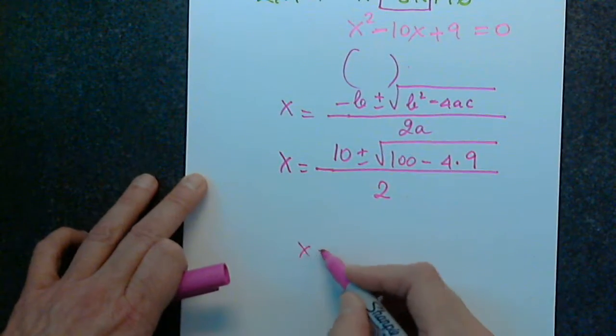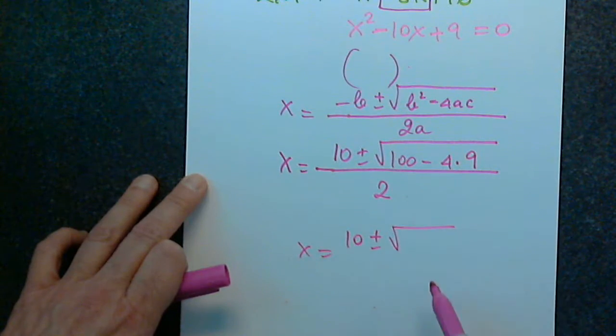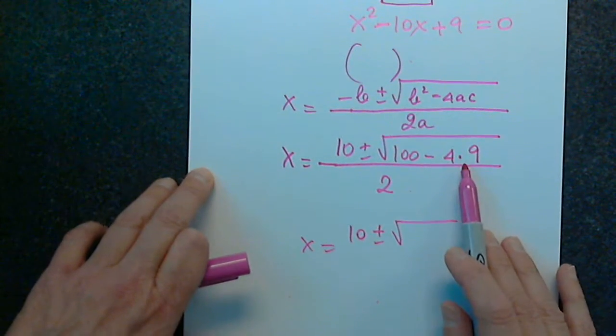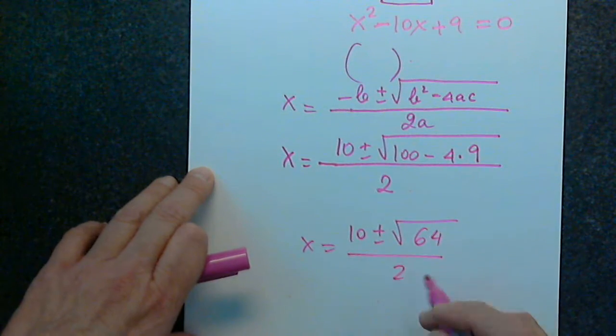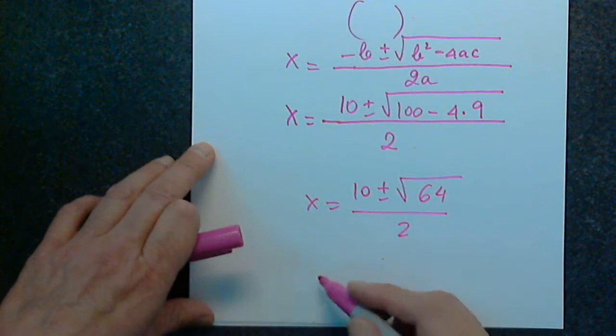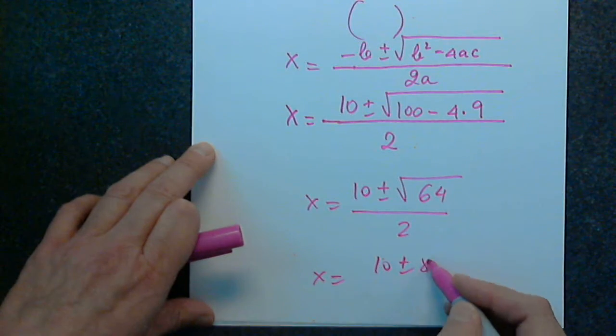So we have x equals 10 plus or minus the square root of, this is 36, bless you. 100 minus 36 is 64. And we know that the square root of 64 is good.